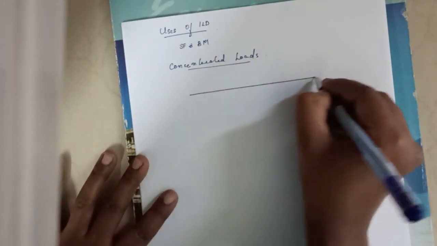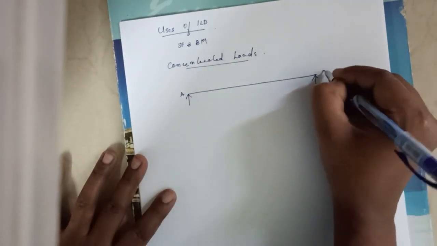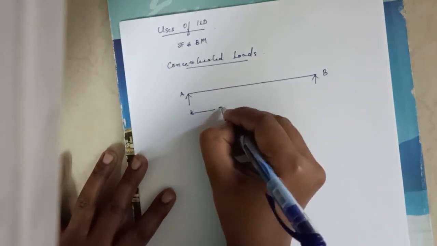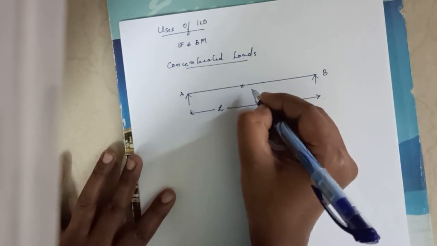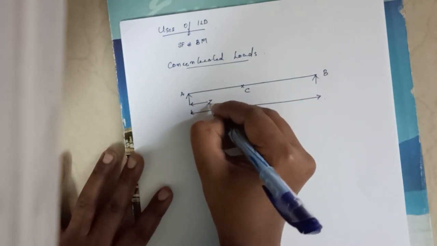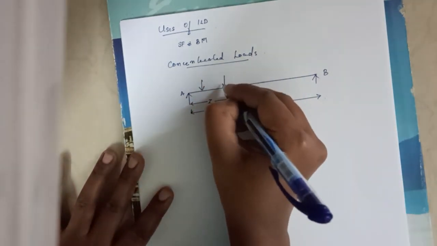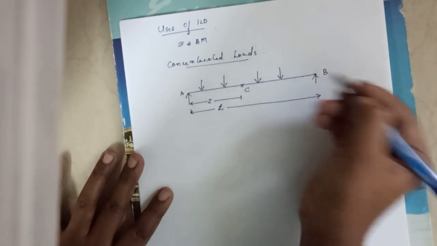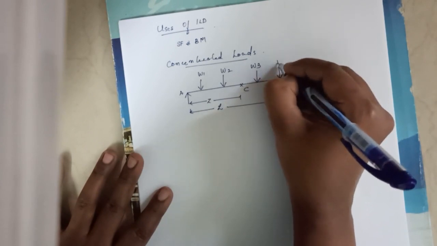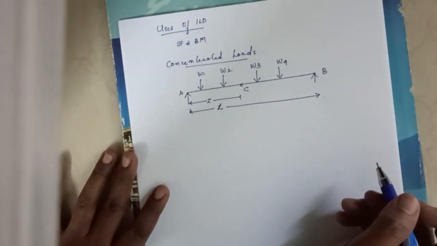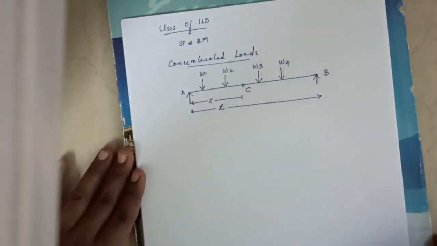Consider a simply supported beam AB, span L. Consider a section C which is at a distance Z from A. Let a system of forces, that is W1, W2, W3 and W4, that is 4 concentrated loads, acting on this simply supported beam.